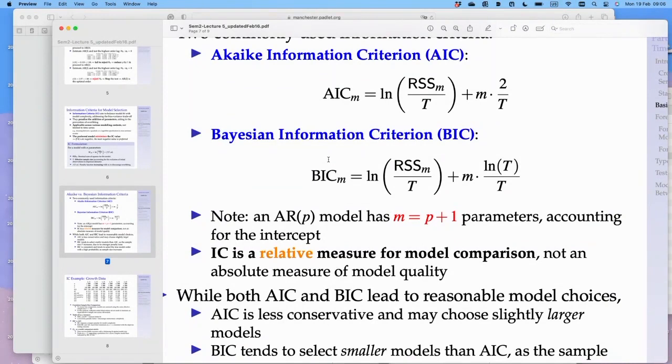So the more parameters there are, the larger the penalty term, and both the BIC and the AIC attempt to reach the balance of both terms, okay? So the first term goes down, whereas the second term goes up when the number of parameters increases. So AIC and BIC are not necessarily minimized at the simplest model.